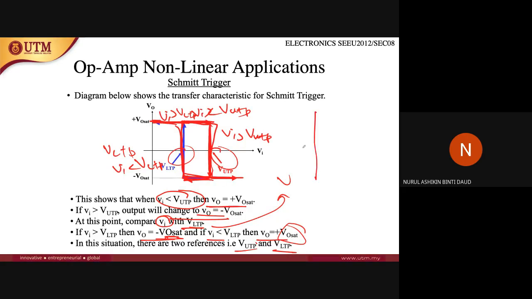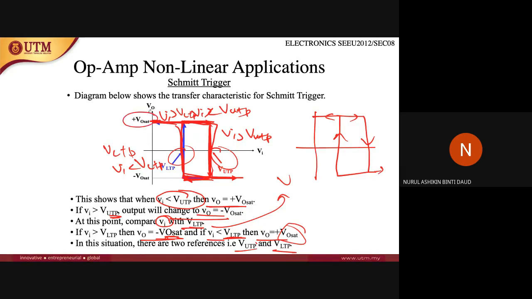Just now the reference was V reference, the DC voltage, which was the limitation of the output signal. But now the limitation is based on this VLTP value and the VUTP value. It will be limited by those values. So for hysteresis, you need to know how to draw and how to explain.